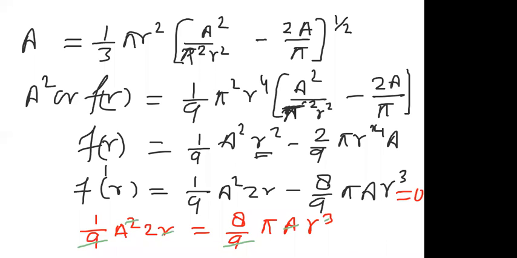R to 2 powers are left. 2 becomes 4. So what we are getting, A is equal to 4 pi R square. Area has come equal to 4 pi R square.